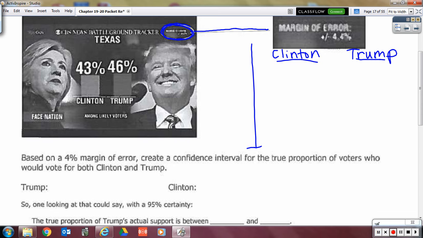I need to start it at about 38%, so I'm going to put 0.38, 39, 40, 41, 42, 43, 44, 45, 46, 47, 48, 49, 50. All right, so there's your little number line.